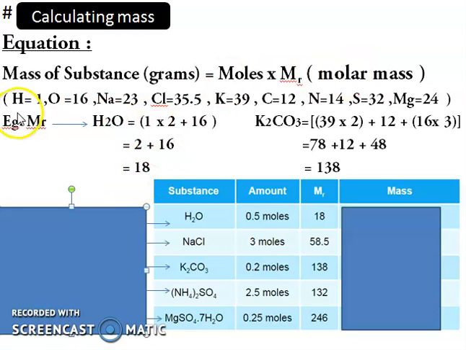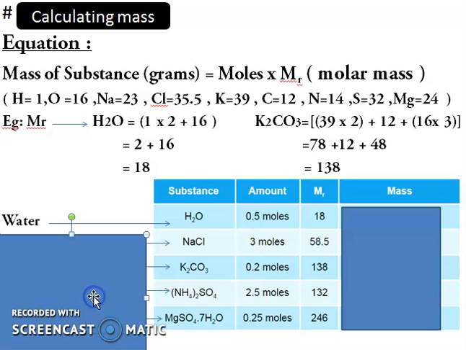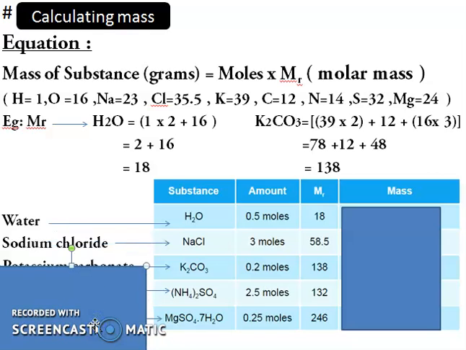Okay, it is the same CH2O and K2CO3. Got it? Now let us check the name. So what is H2O? H2O is water. What is NaCl? NaCl is sodium chloride. What is K2CO3? That is potassium carbonate.